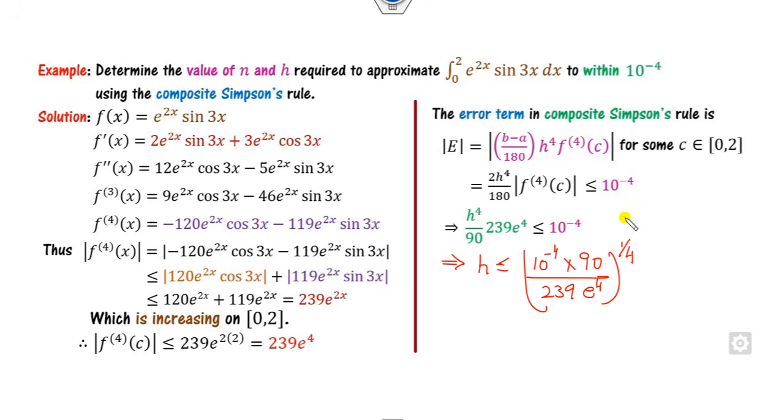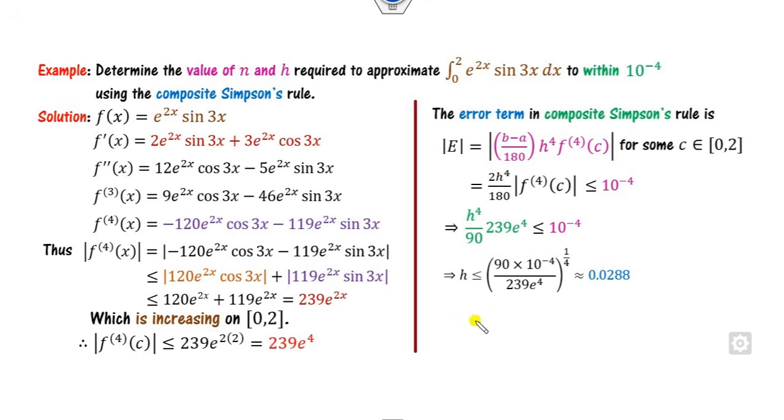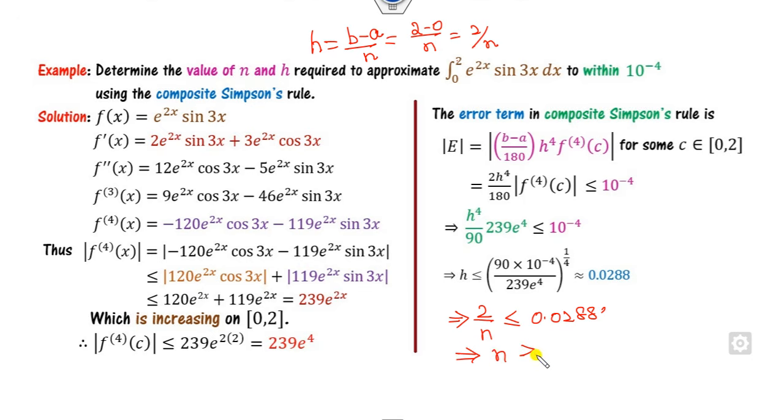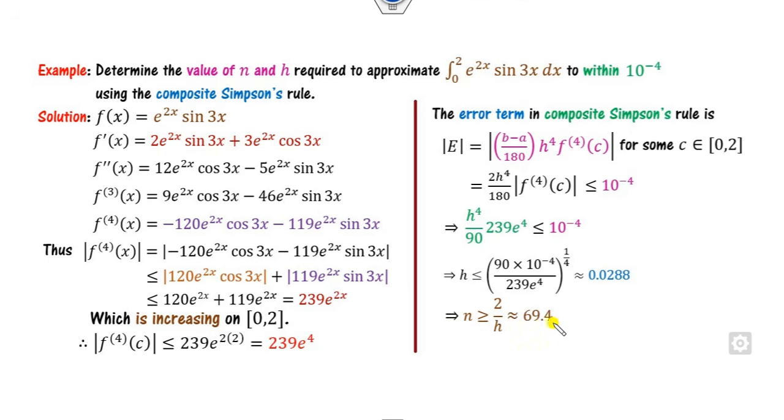Now if you solve this, you will get the value here. What is the value of h? I forgot: h is (b minus a) over n, b is 2 minus 0 over n, that is 2 over n. So 2 over n is less than or equal to 0.0288. What is my n? n is greater than this number. Fine. Now if you solve it, you will get 69.4.